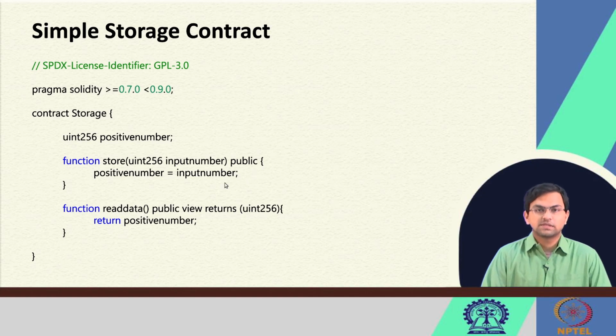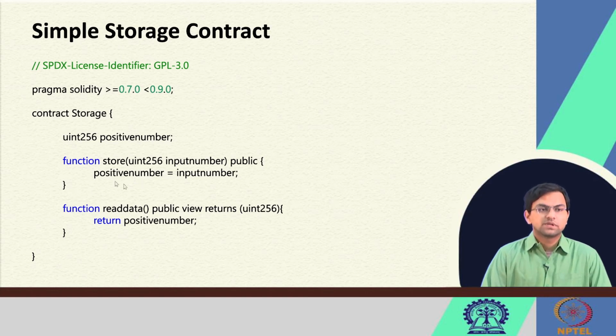If it is not public, then this function will be accessible only through other functions which are defined within this contract. Since it is public, this function can be used for doing transactions. Then the actual function definition has only one line, which is assigning the value given as input to this variable positiveNumber.